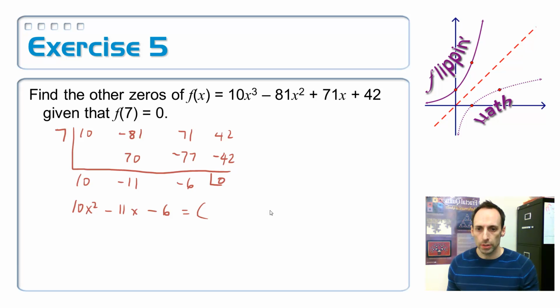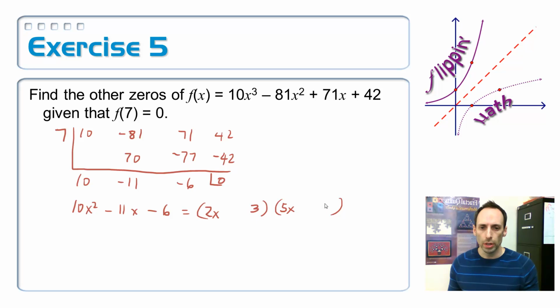Okay, so let's open up our parentheses here. We've got to multiply up to 10x squared. Let's just try 2x and 5x. Who knows if they're going to work? Whatever, just try it. And then the last terms have to multiply up to a negative 6. How about a 2 and a 3? I'm not going to put the 2 with the 2.